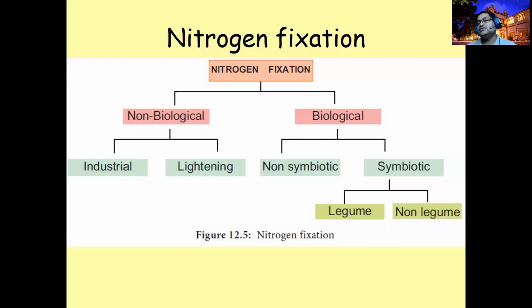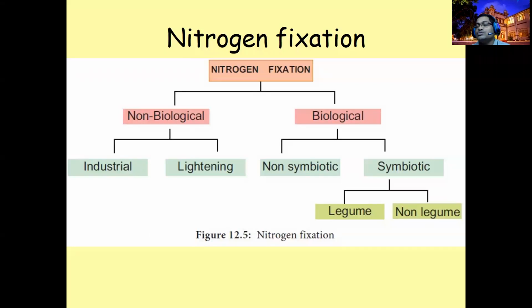During the rainy season, lightning is also able to convert atmospheric nitrogen. Biological nitrogen fixation involves symbiotic and non-symbiotic organisms, especially bacteria, fixing atmospheric nitrogen into the soil. That is what we call biological nitrogen fixation.